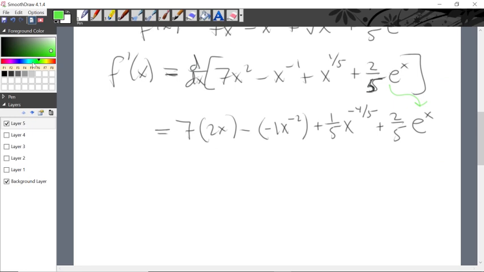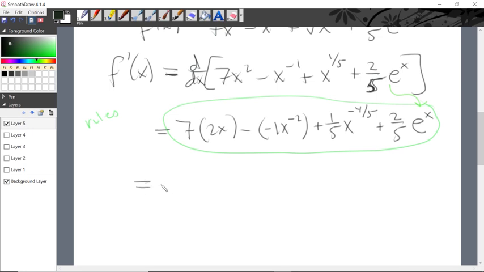All right, and so this line right here shows all the rules. It shows all the rules that we have applied: constant multiple rules, general power rules, the derivative of e to the x, the sum and difference rules that allowed us to distribute the differential operator, all contained within that step.